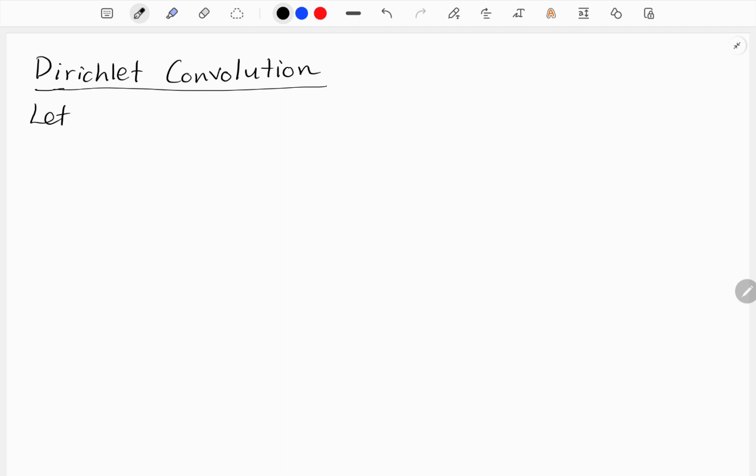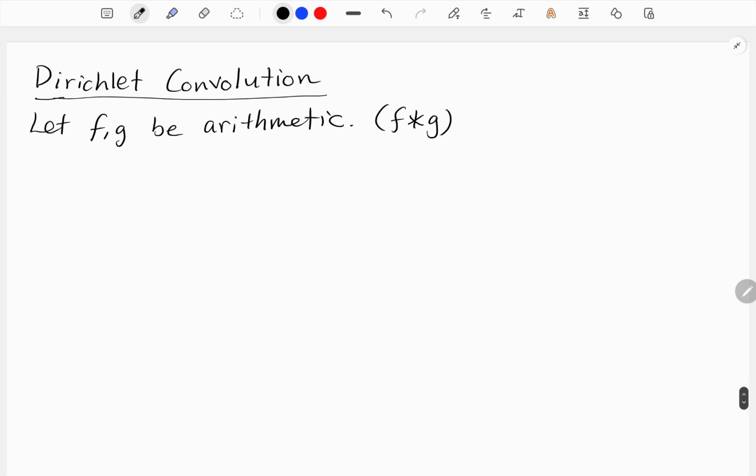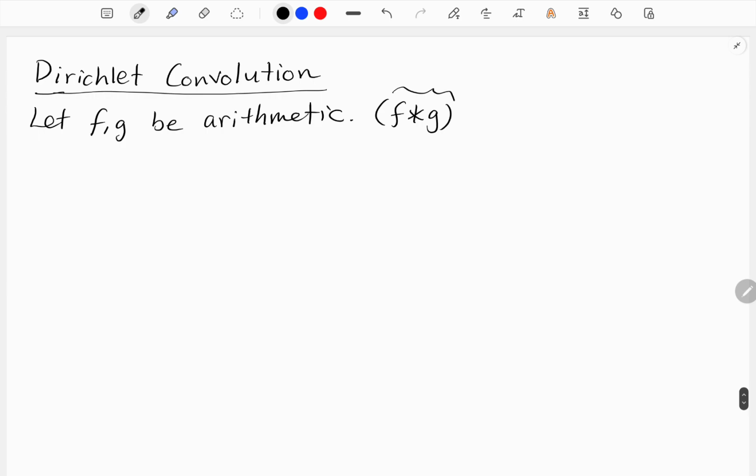Okay, so if you have two arithmetic functions, f and g, then their Dirichlet convolution, which I'll denote as f star g, is still that star. That's this new function over here.